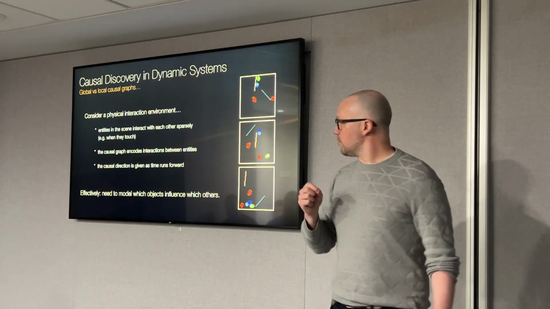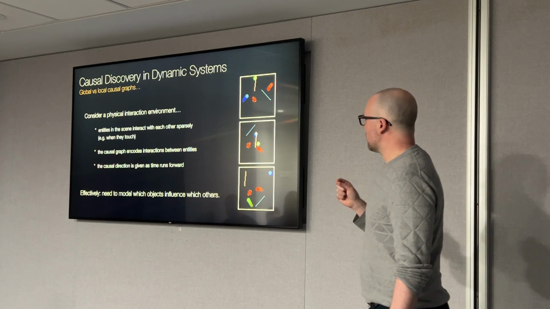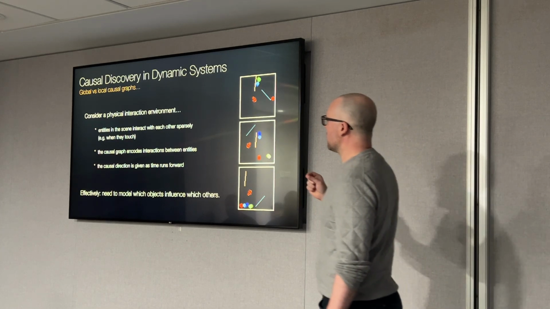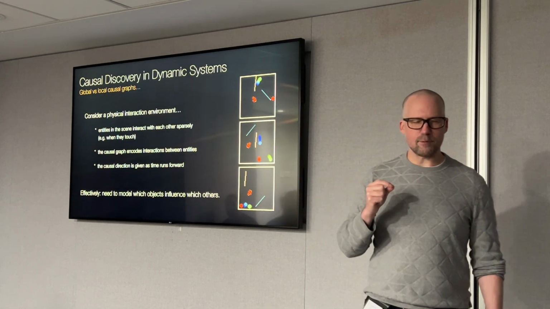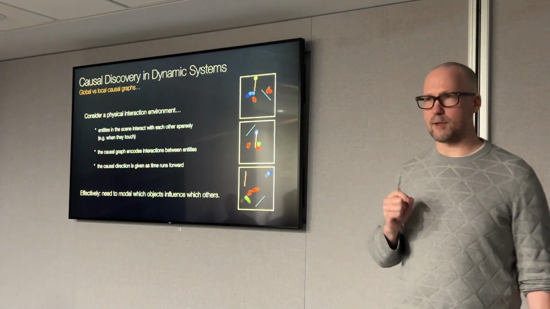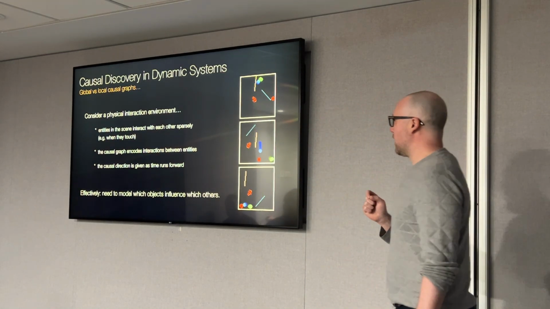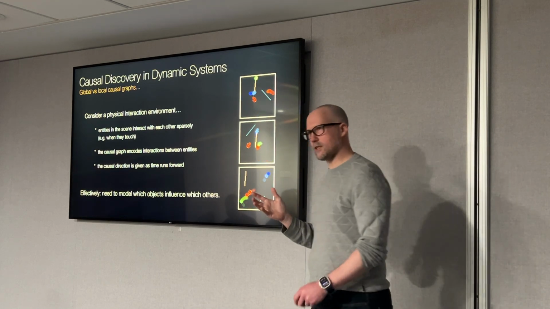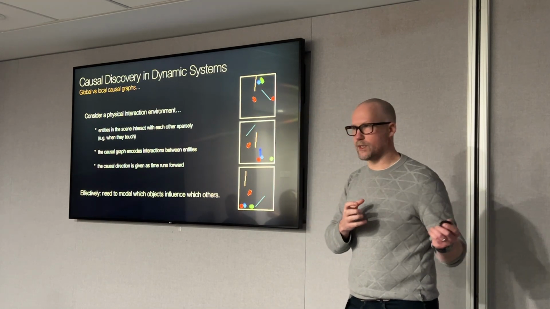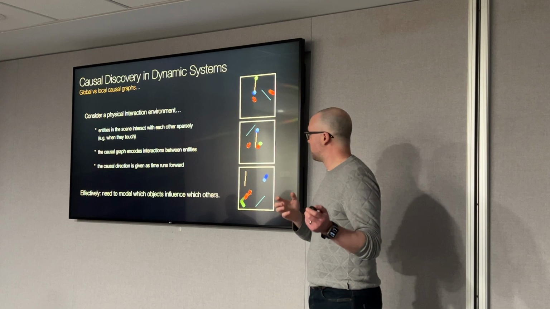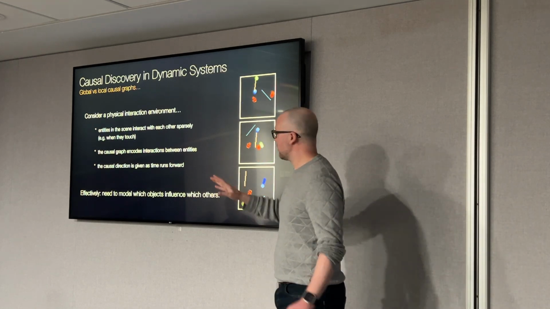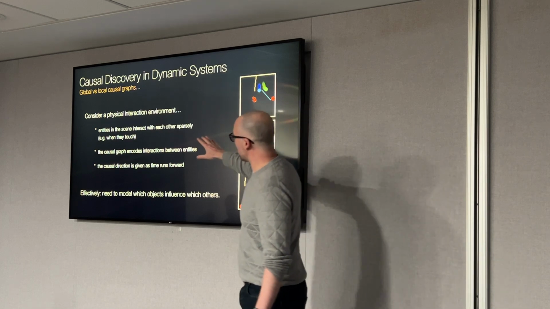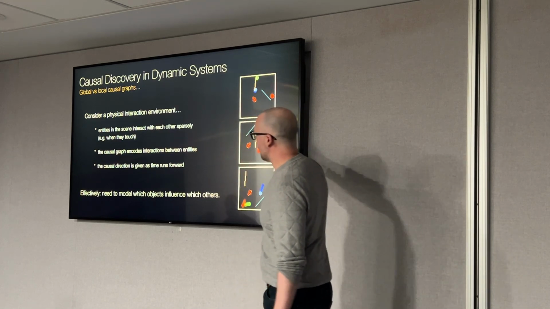Now let me briefly talk about this notion of a global causal graph, okay? It turns out we haven't come across that many people who thought about causality in the context of dynamic systems, and that's really an interesting thing because a whole bunch of standard concepts go out the window, which is why we have a lot of trouble publishing this stuff amongst the causal people. So anyway, consider that you have this interaction environment, right?